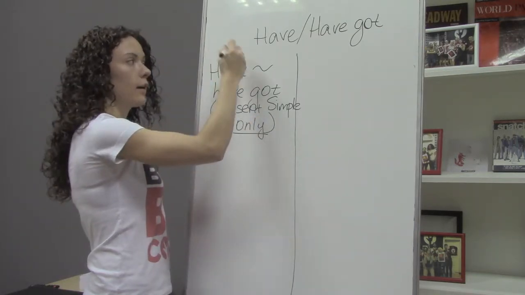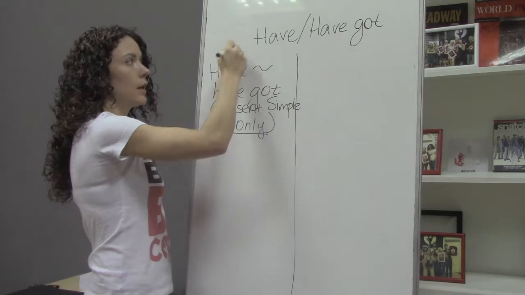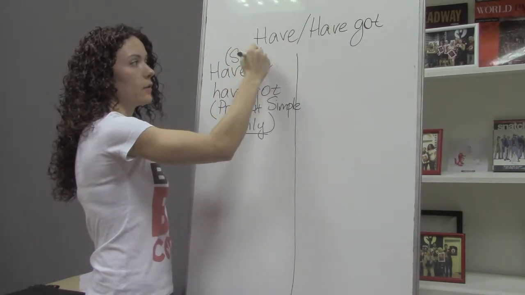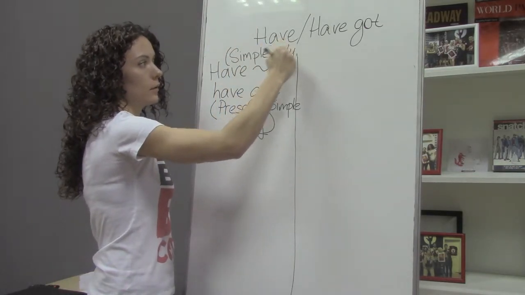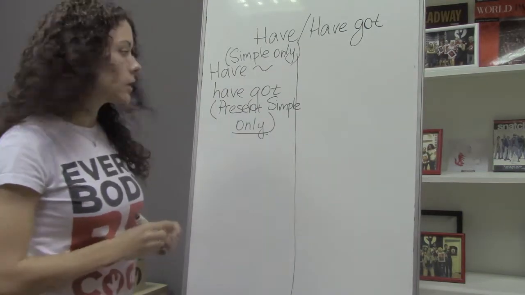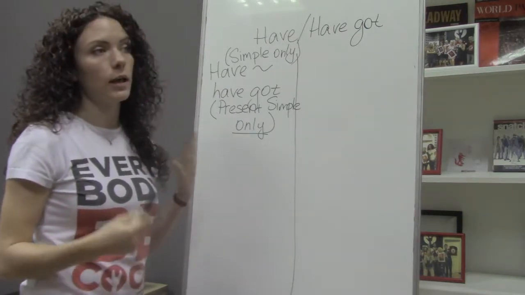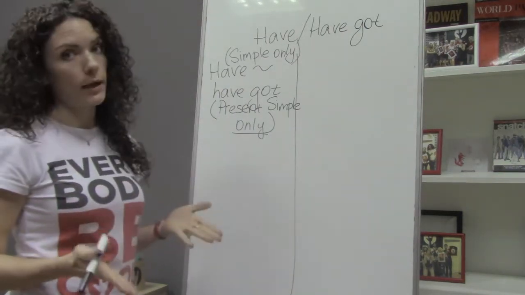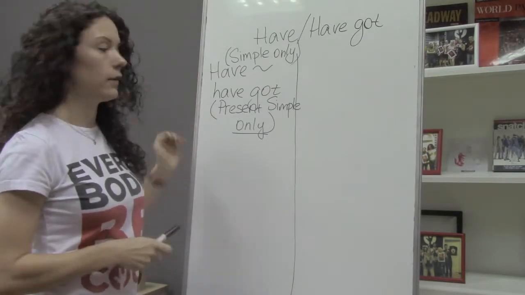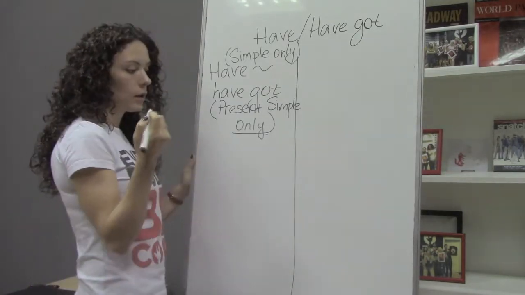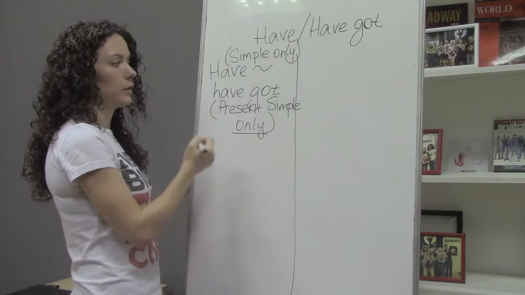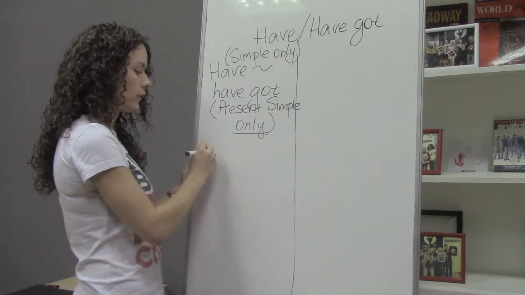We can use have in all the other tenses, but they have to be simple tenses only. So if you want to say something in the past, use have instead of have got.